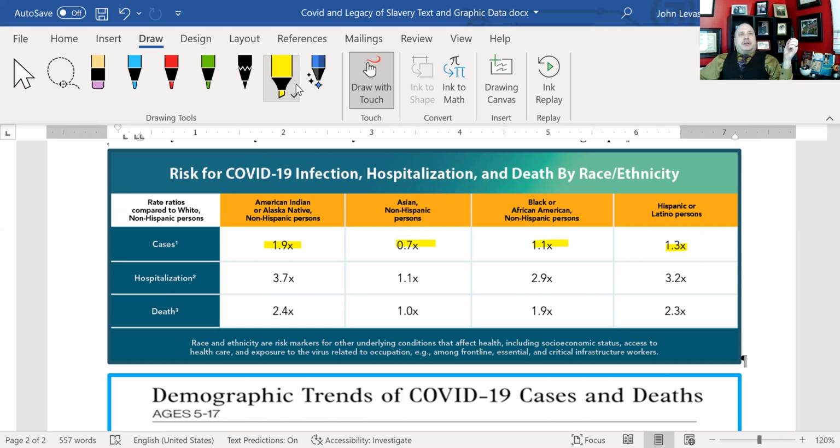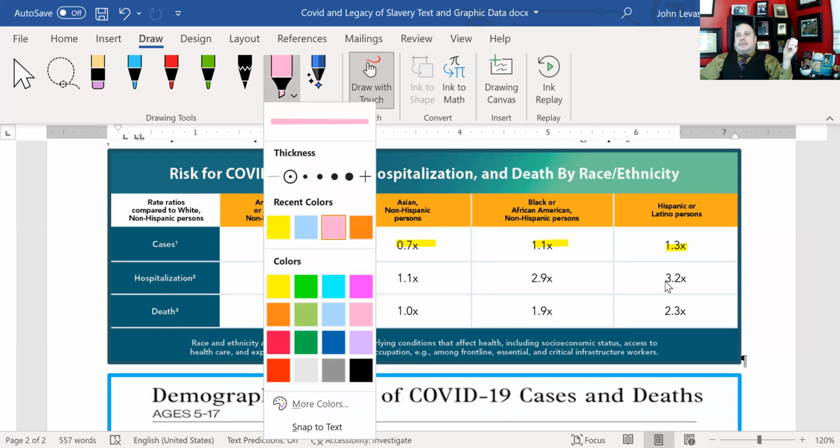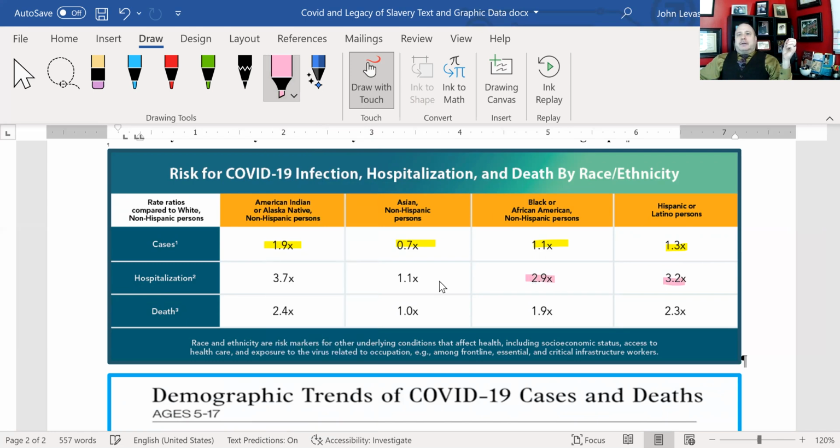And then underneath, we see the hospitalizations. 3.2, 2.9, 1.1, Latinos, African Americans, Asian Americans, Native Americans. Look at that. Look how much more the chances of a Native American being hospitalized, and these are all compared against white Americans.